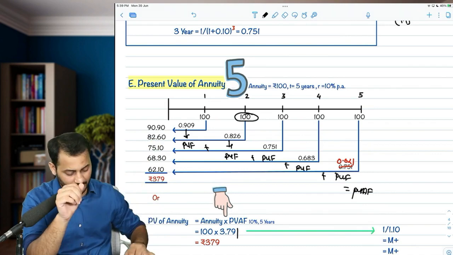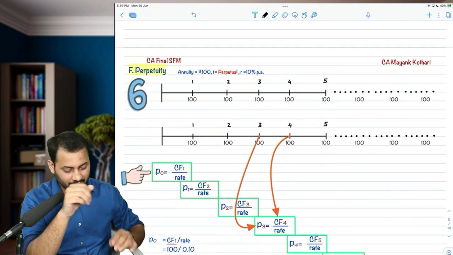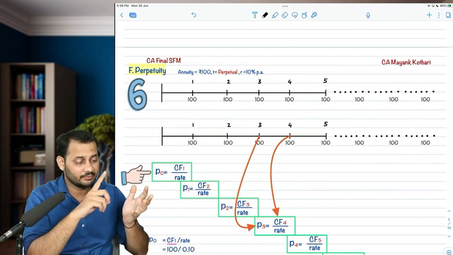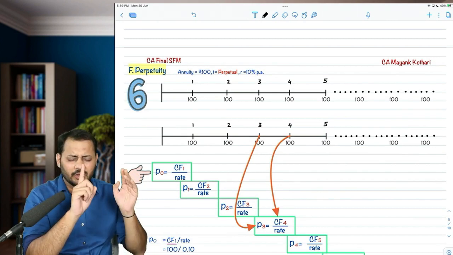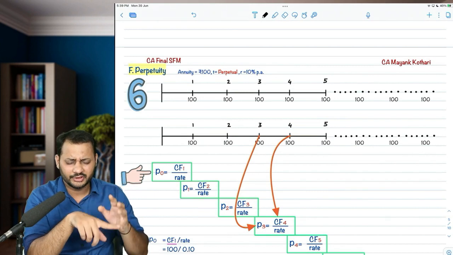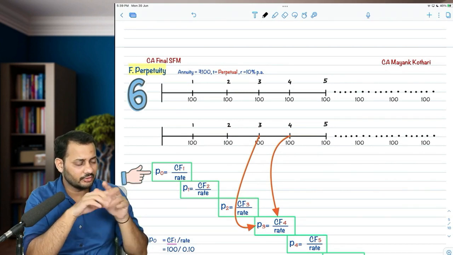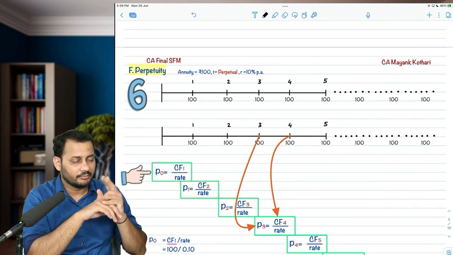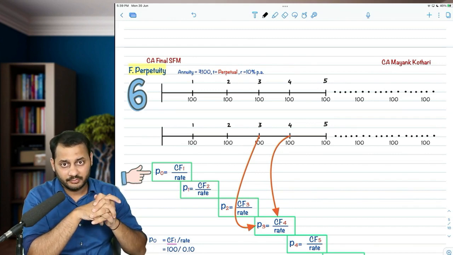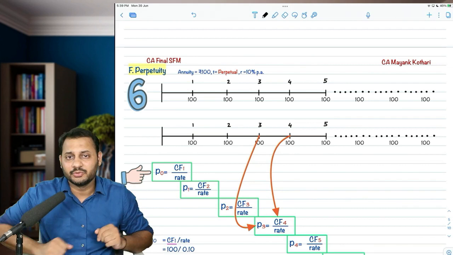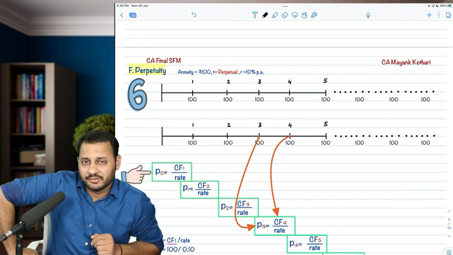Have patience. The last concept is the perpetuity, and this is used in the security valuation chapter, portfolio management chapter, corporate valuation chapter, and mostly the mergers and acquisition chapter. So again, this is going to be an important part. What do we mean by perpetuity? Let's understand the concept first.